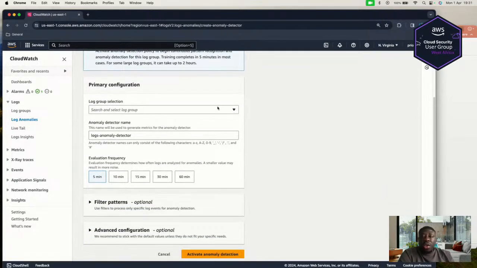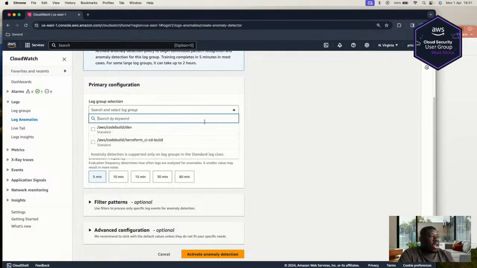So basically, all you need to do is to ensure that you provide a log group. One of the basic things I would say that is standard is that you need to have a log group, and if possible, this log group should have existed for the past 2 weeks.